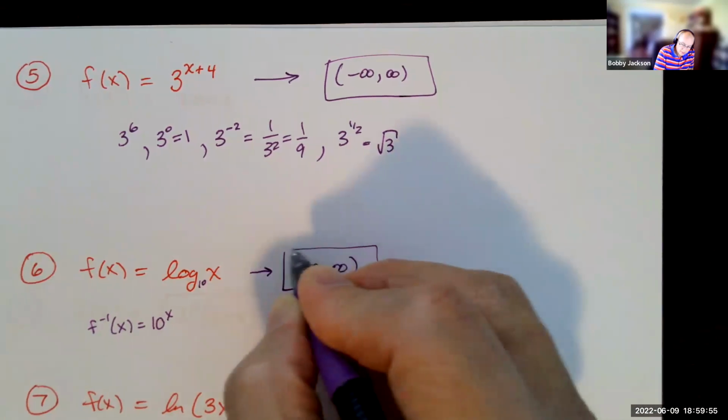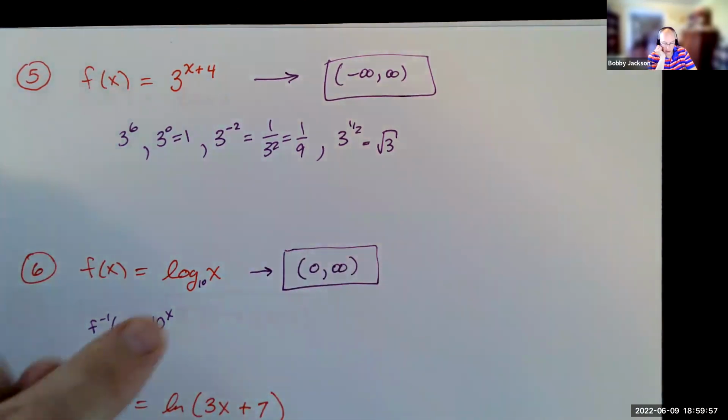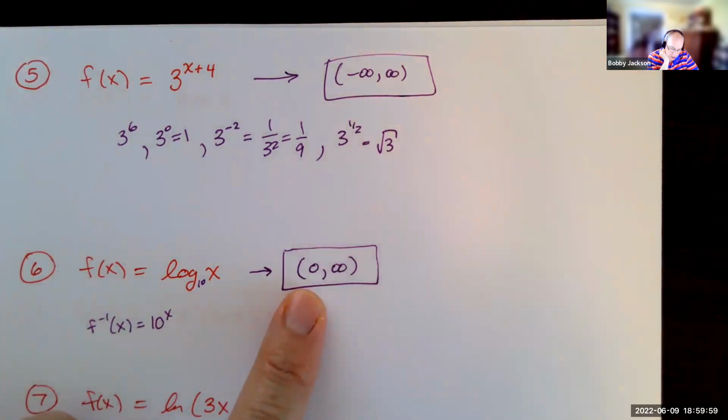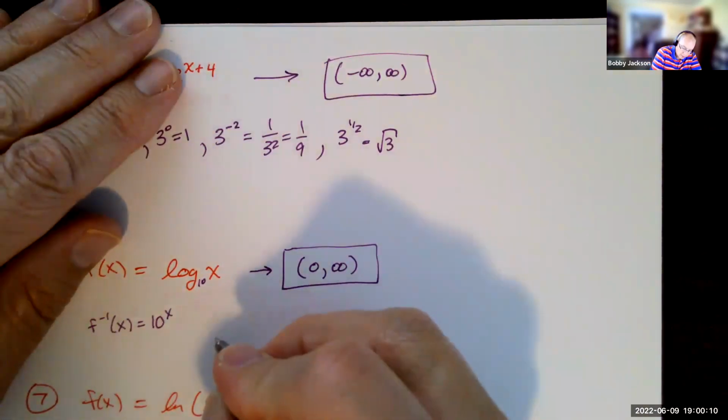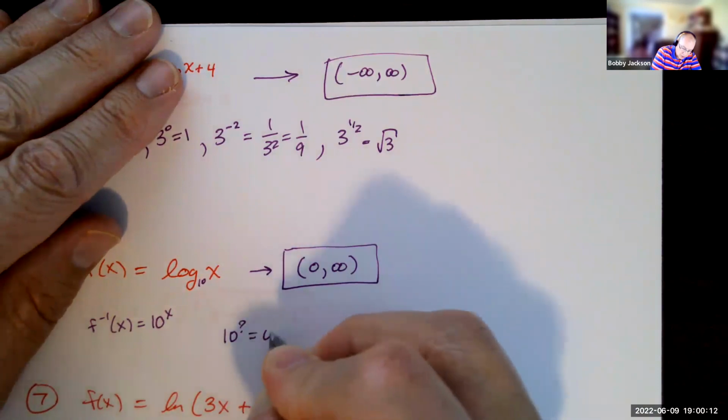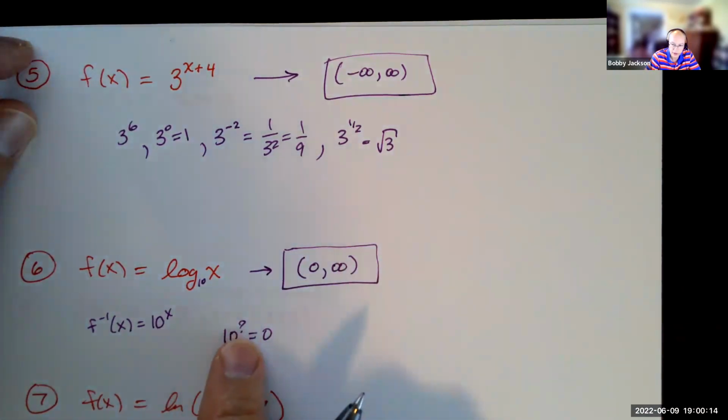Okay, so I can't take the logarithm of 0 because there's no exponent. Remember, the logarithms are the exponents. There's no exponent on 10 that will give me 0. If I say 10 to what power equals 0, you're not going to get a real number answer to that.